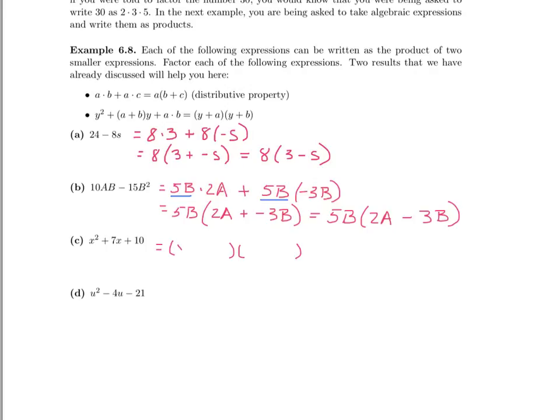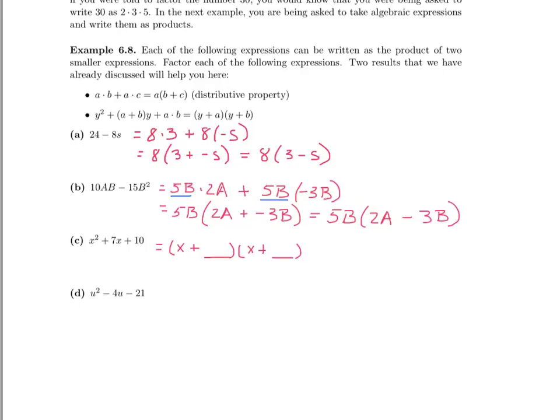The first sum will have the form x plus something. The second sum will have the form x plus something. And we need to figure out what goes in those spots. Well, think about what we know about multiplying sums.